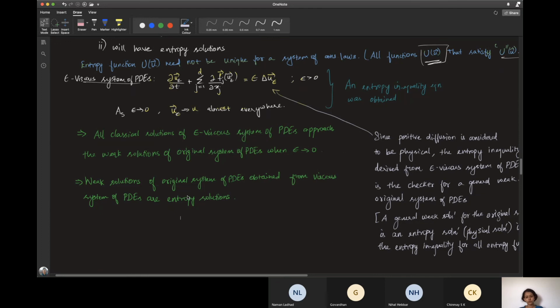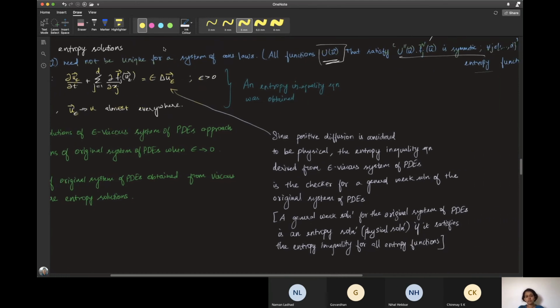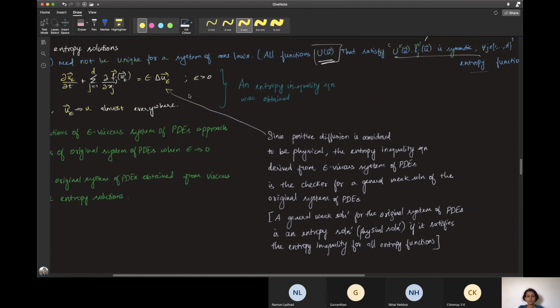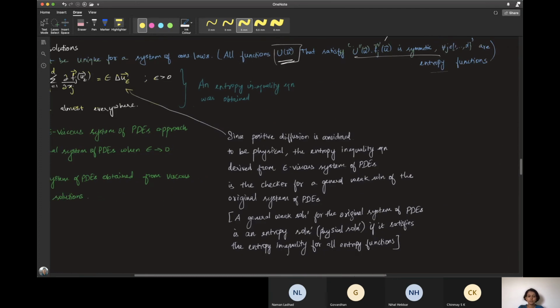For the original system, you can have many weak solutions possible. However, from the epsilon viscous system of PDEs, you obtain some weak solutions for the original system. That is, the classical solution of this system approaches the weak solution of the original system. Those weak solutions are known as the entropy solutions, because anything with positive diffusion is considered to be physical.